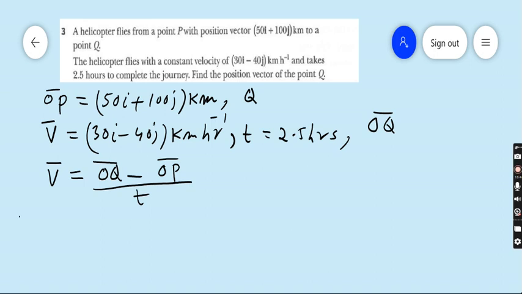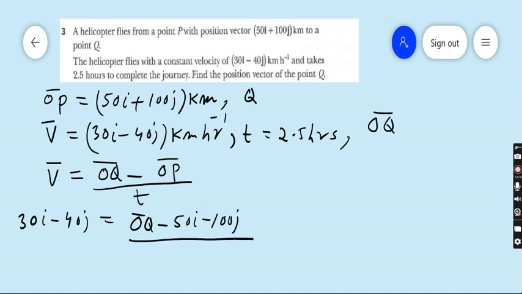The velocity vector is given, 30i minus 40j equals OQ, which is required, minus OP, which is given, that is 50i plus 100j, upon the time, which is also given, 2.5. So 2.5 must multiply 30i minus 40j.